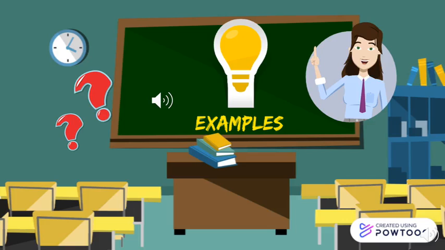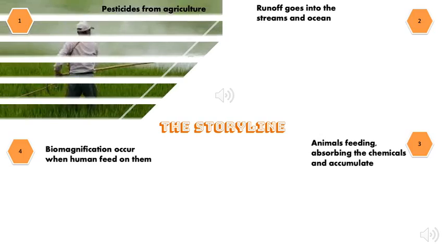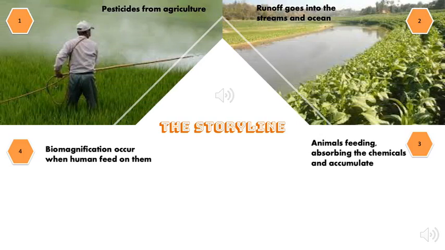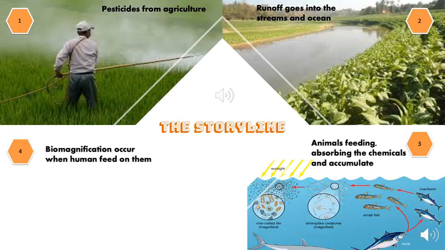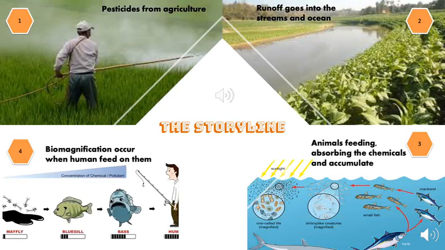Let's take a look at a few examples to understand more about bioaccumulation that is occurring every day in our environment. One of the most common examples that I can provide is the usage of pesticide, which relates to bioaccumulation happening in organisms.